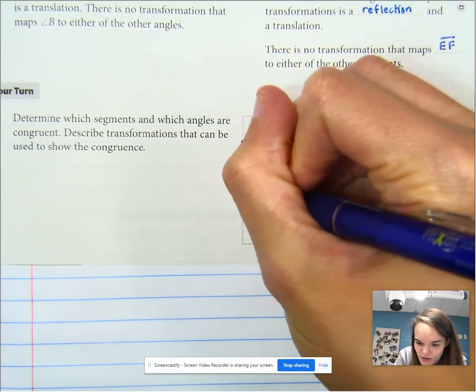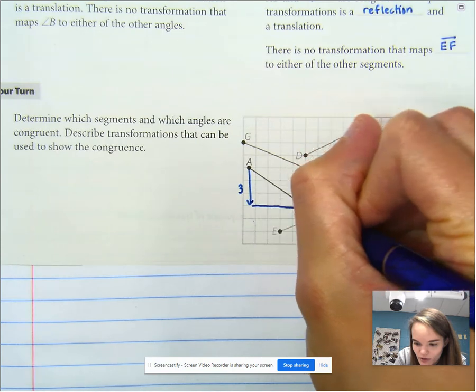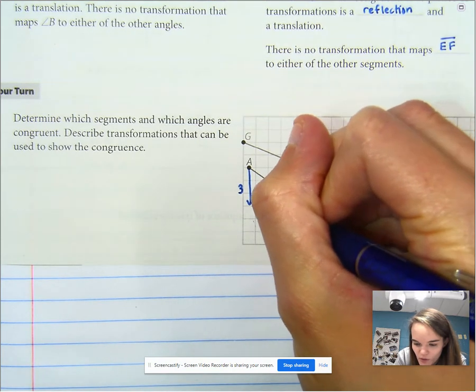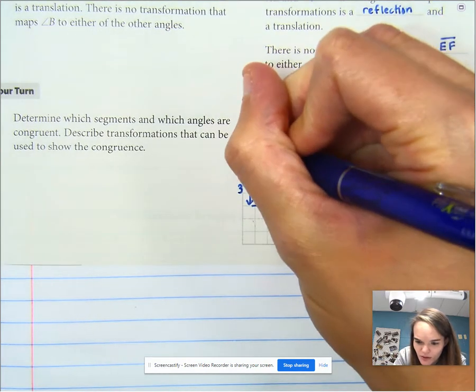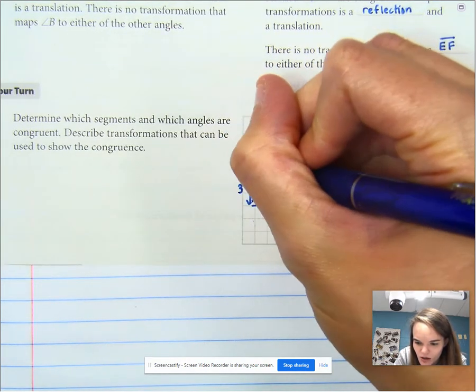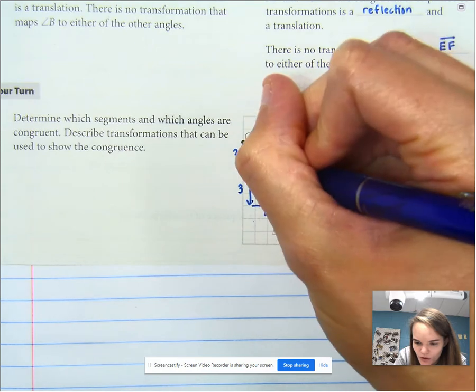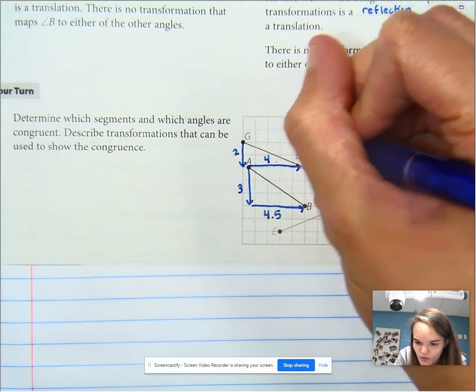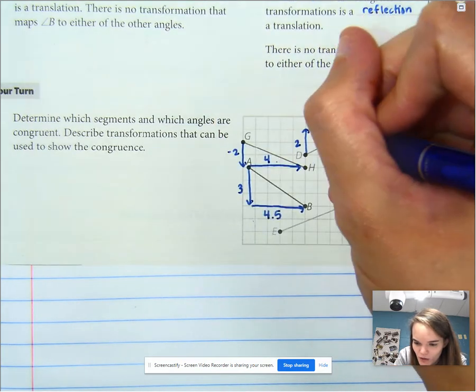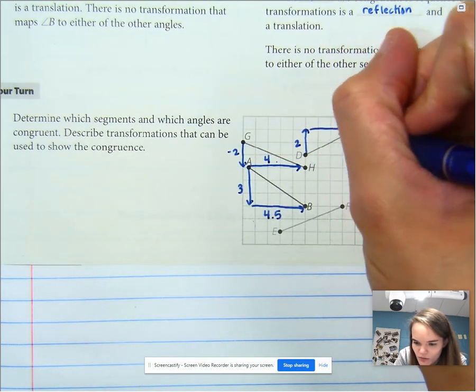Down 3, over 1, 2, 3, 4, 5. Down 2, over 1, 2, 3, 4. Up 2, over 1, 2, 3, 4.